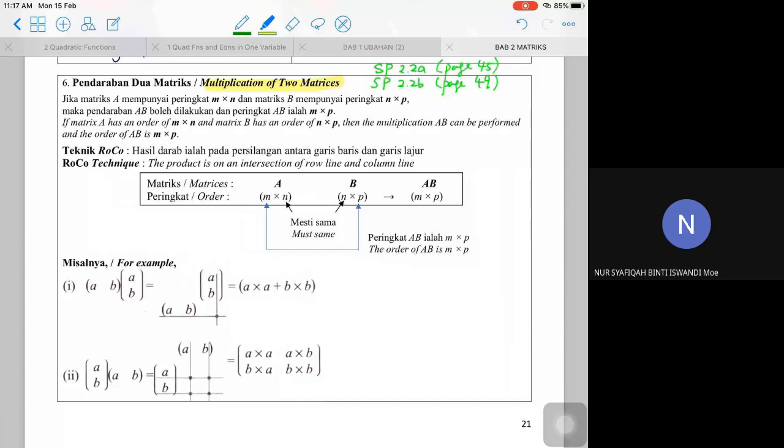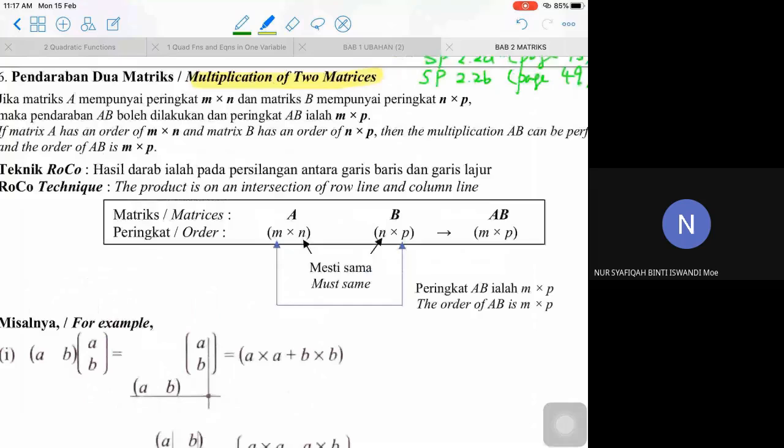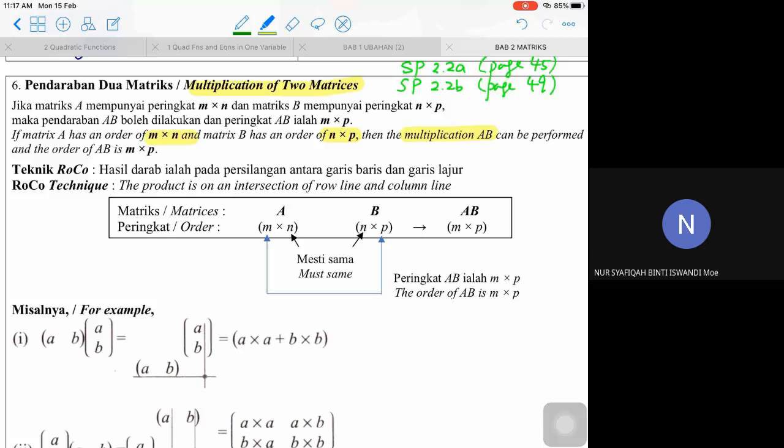If matrix A has an order of m times n, the first matrix, the order is m by n, and matrix B has an order of n times p, then the multiplication AB can be performed, and the order of AB is m times p.